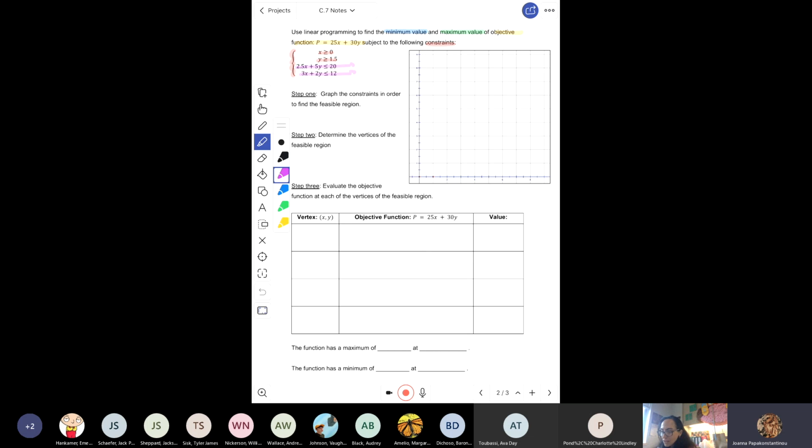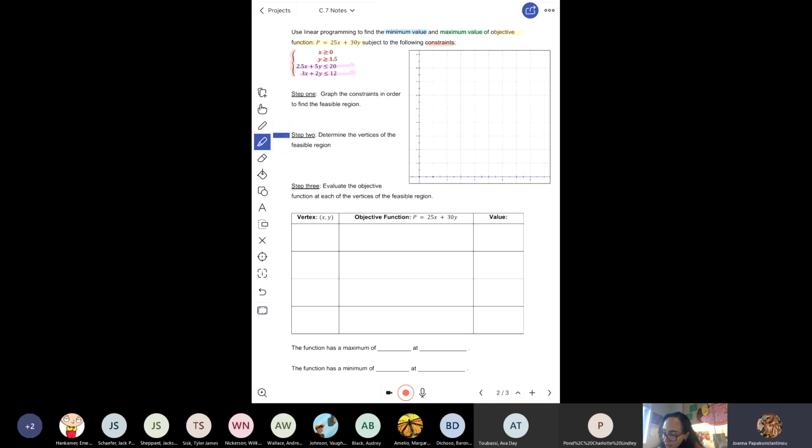If we're graphing them by hand, we'll do it by hand, and then we'll look at how to do it on Desmos as well, like we did yesterday. Looking at the first constraint, the non-negativity constraint, it's saying that all x values have to be greater than or equal to 0.